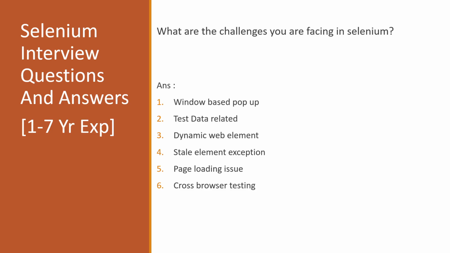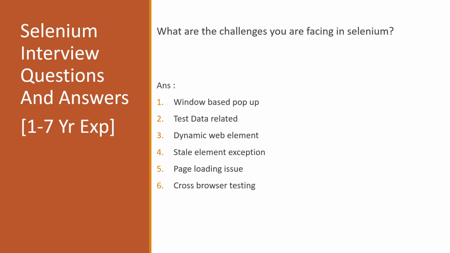Page loading issue. Sometimes your application is very slow, sometimes page responsiveness is very fast. Because the page is loading very slowly, many test cases are failing, right? So that is also one of the challenges. Sometimes some of the builds create these kinds of issues. Some builds work very fine, some builds have a lot of issues, and even the page loading time and performance are very slow.